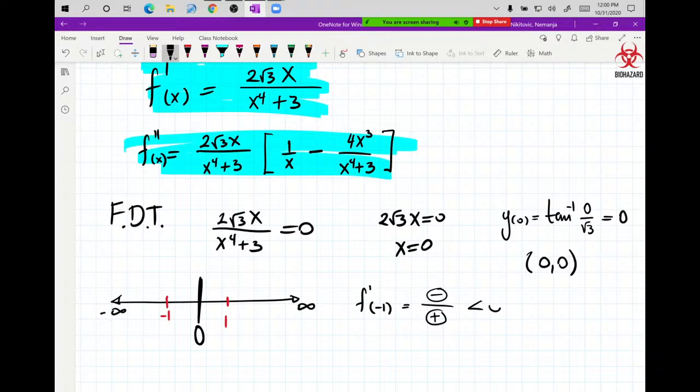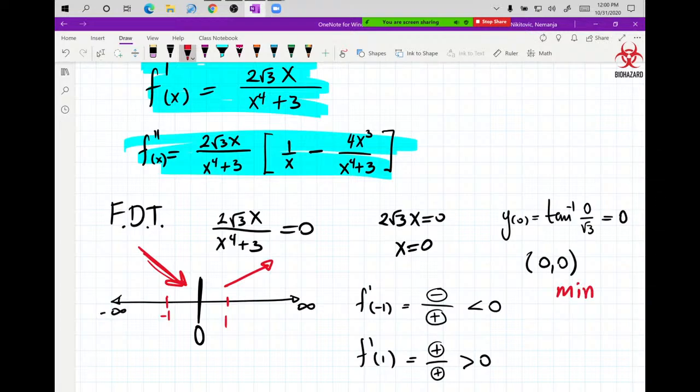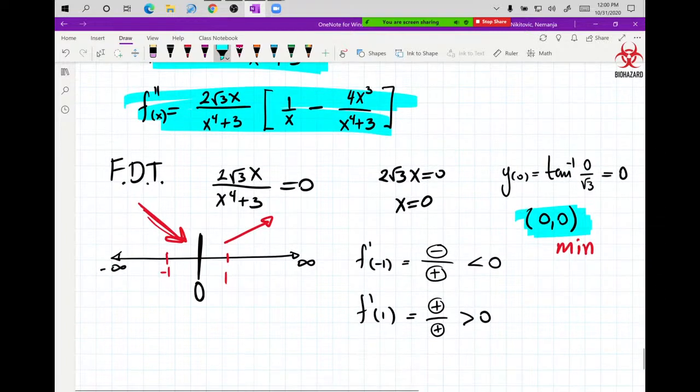So this is less than 0, so I have a decreasing function here. And then I have f prime at 1, which will give me positive over positive. It's more than 0. So I just found out that this is a minimum. Awesome.